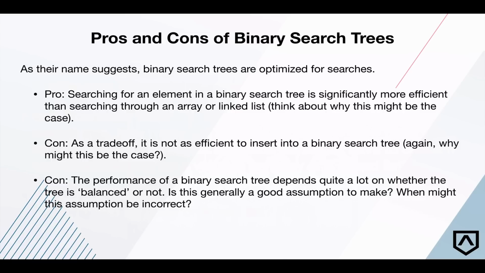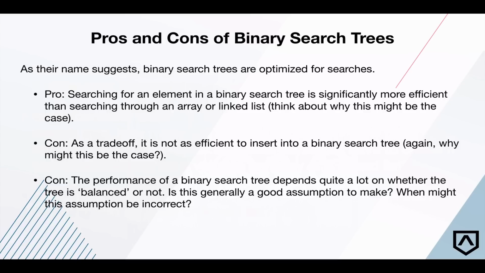So if you don't know what that means, that would be a good term to look up, what it means for a tree to be balanced. And once you figure that out, we can ask ourselves then, is this generally a good assumption to make? On average, are trees typically going to be balanced? And then when might this assumption be incorrect?